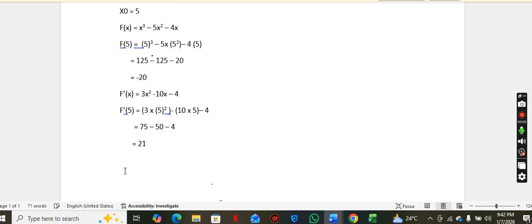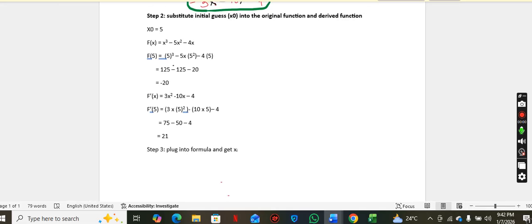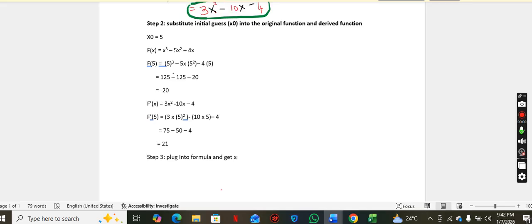Any questions before we go to step 3? No question. Okay, wonderful.